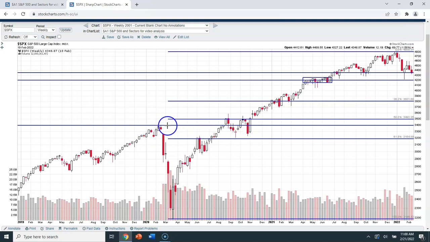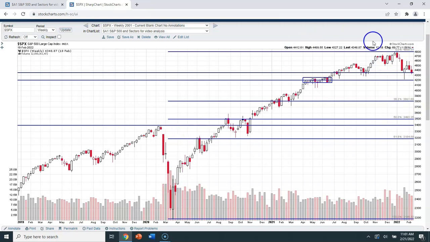Now, the prior peak, of course, is before the COVID downturn, and that would have happened in February of 2020, and that prior peak was right around the 3,400 level. And that 3,400 level, of course, lies in between the 50% and 61.8% retracement levels.